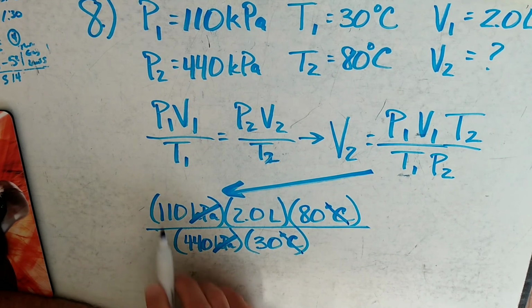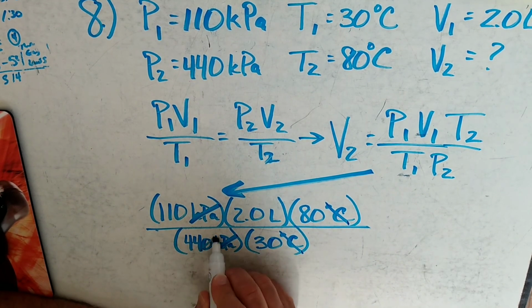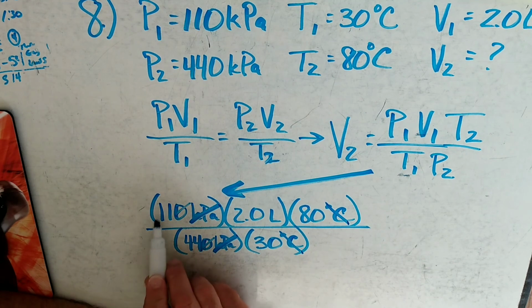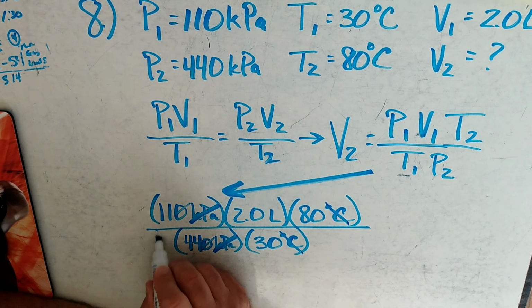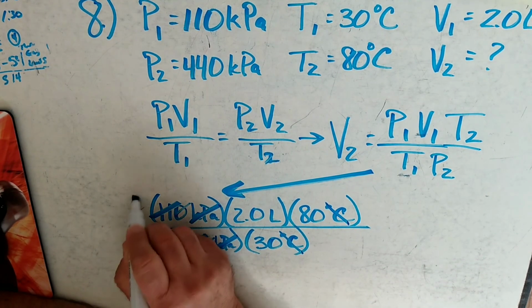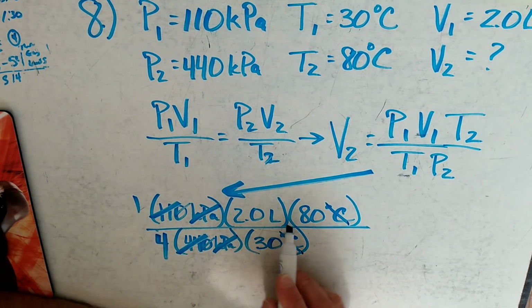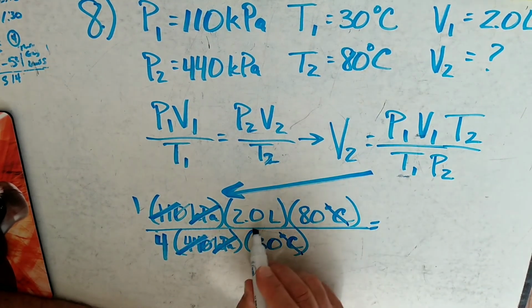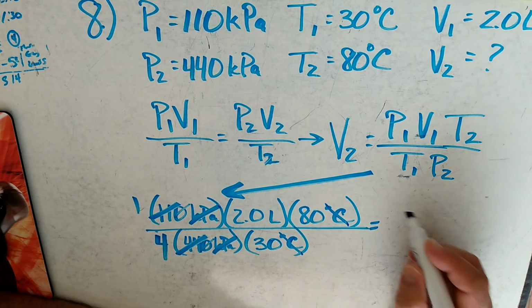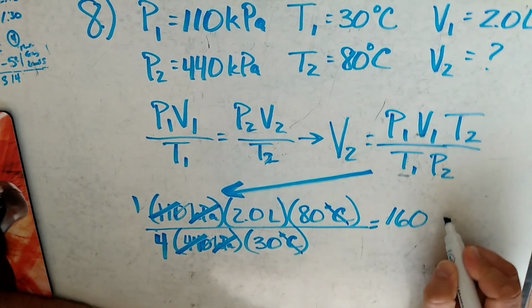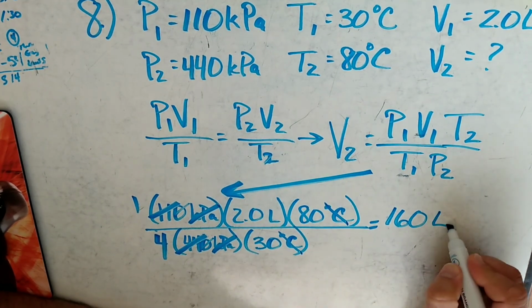Okay, I can see directly here the zeros cancel out, so 11 can go into 44 4 times. That becomes a 1. So what we end up getting on top here is 2 times 80. That's 160 liters. Notice my only unit left is liters.